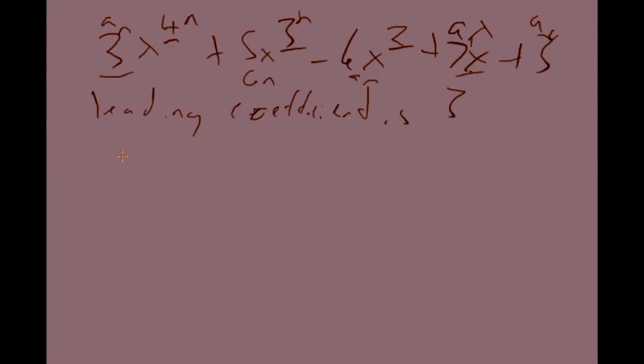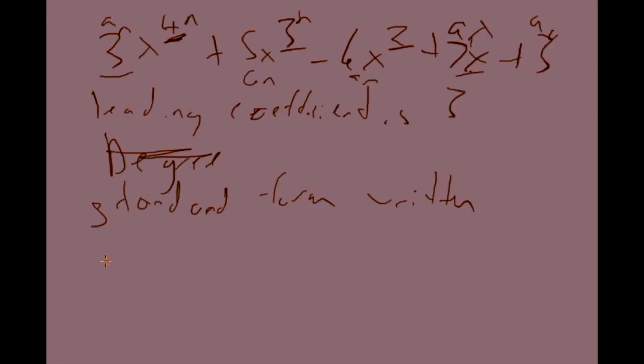Okay, so we're going to work on degree. Degree depends on the largest exponent. By the way, this is written in standard form, so let me do standard form first. Standard form means the largest term first, so it's written in descending order.